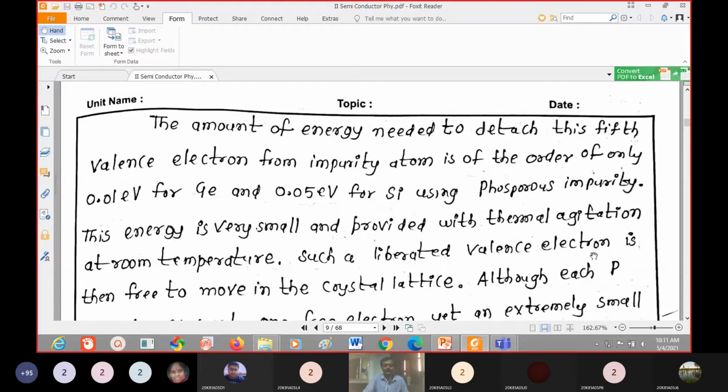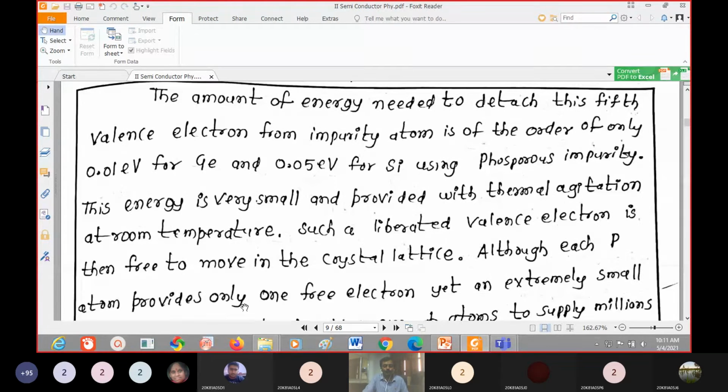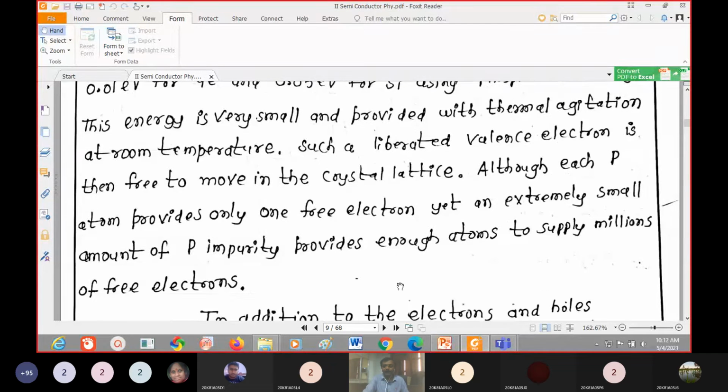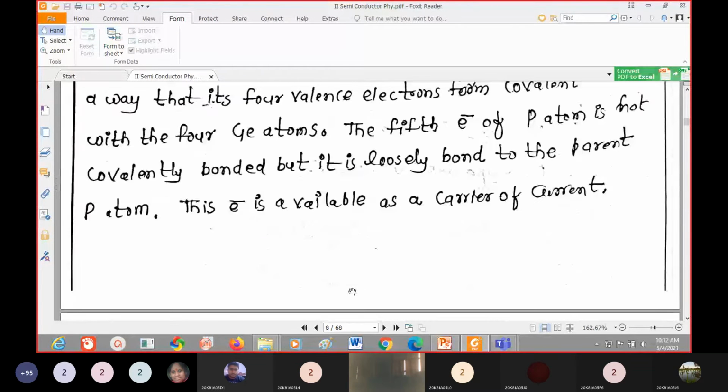Such liberated valence electrons are then free to move in the crystal lattice. Although each phosphorus atom provides only one free electron, an extremely small amount of impurity provides enough atoms to supply millions of free electrons. Okay, see here.